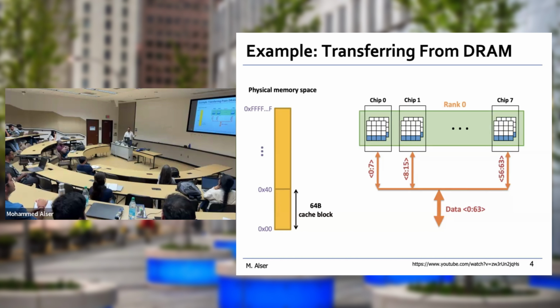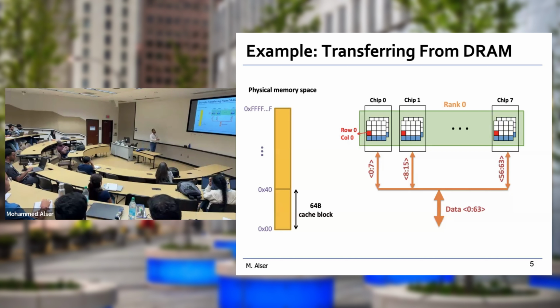I also send commands to these chips, and they will give me the exact same location in all chips. So I cannot selectively choose different addresses for each chip, okay? And this is extremely important to have the data that you would like to get at the corresponding location in all of them. Although the data is different, the address should be exactly the same.